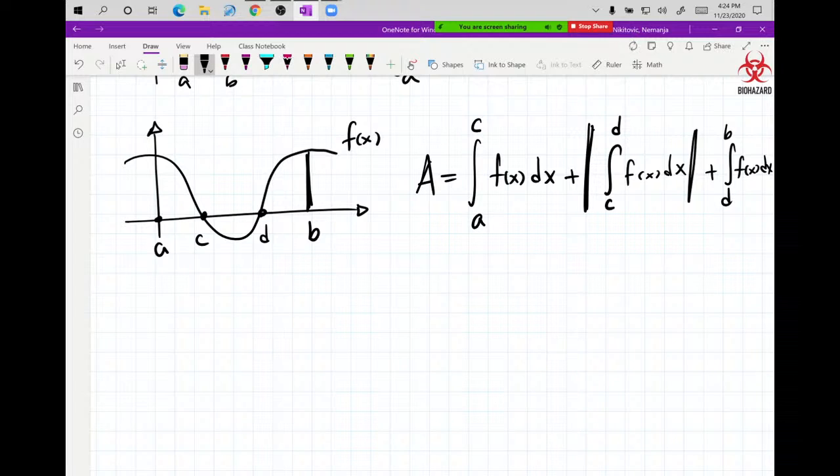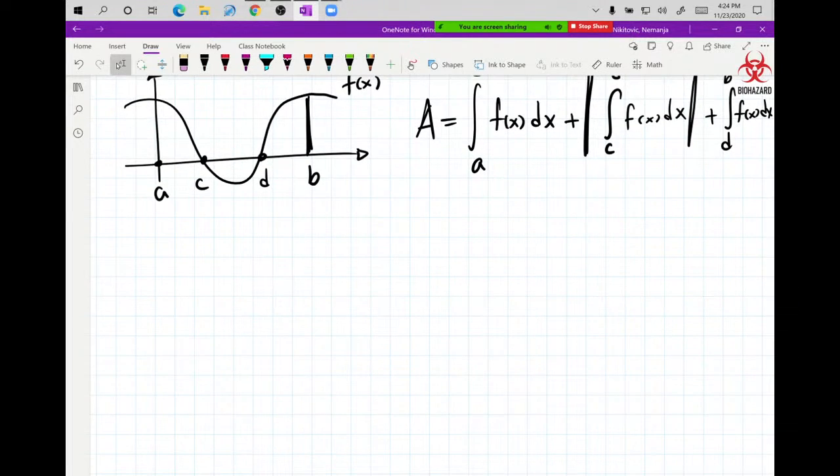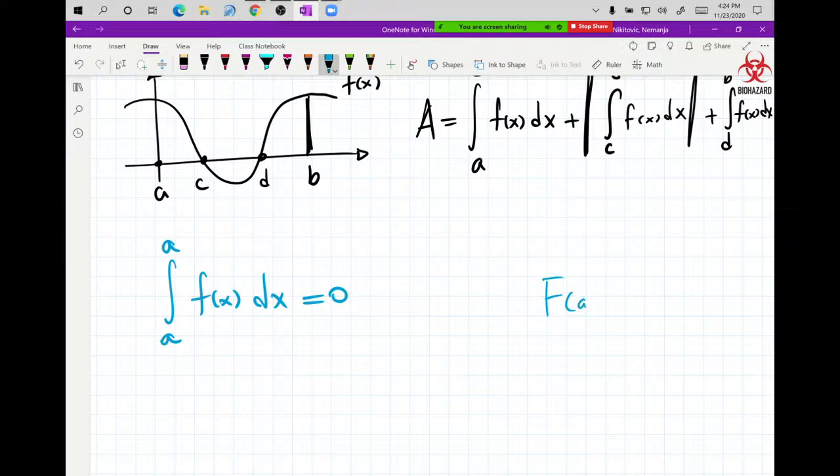The next order of business is to also see that, I'm not sure if I mentioned this one or not, this was supposed to be one of the older ones as well. If you calculate a to a, f of x dx is 0. And that should immediately make sense because you are actually working on a capital F of a minus another capital F of a because they're the same value, and that gives 0.